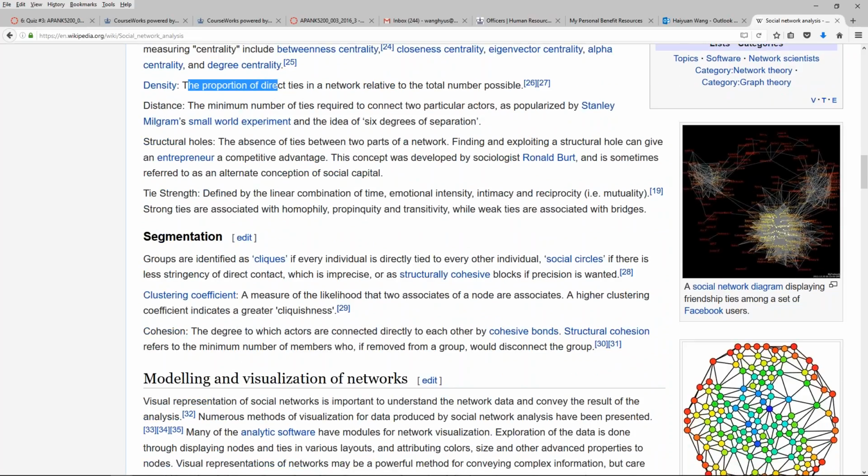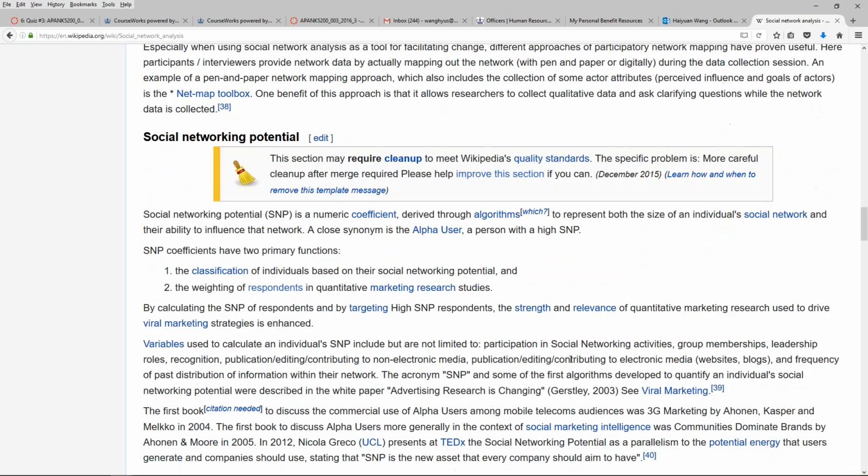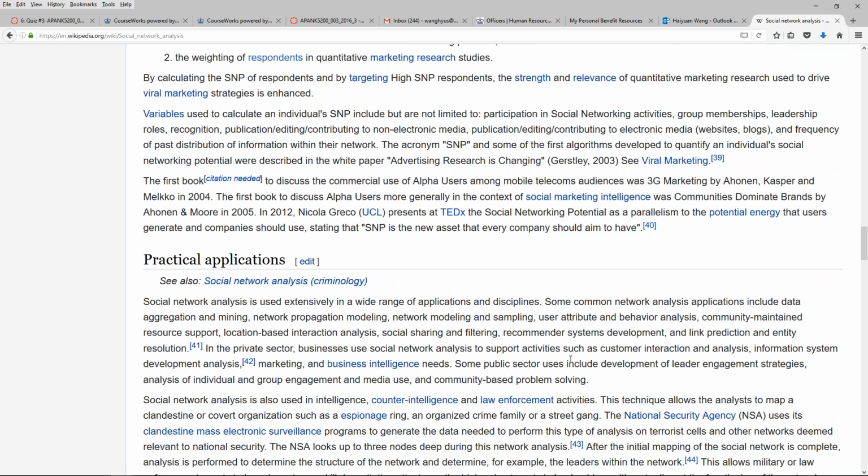And also things such as clustering and cohesion, the degree to which actors are connected directly to each other by cohesive bonds. Structural cohesion refers to the minimum number of members who, if removed from a group, would disconnect the group. Those are the things I want to point you to, what's out there for social network analysis.